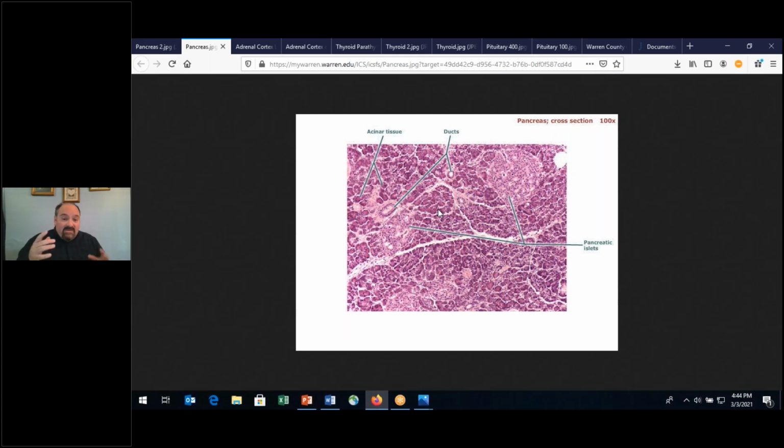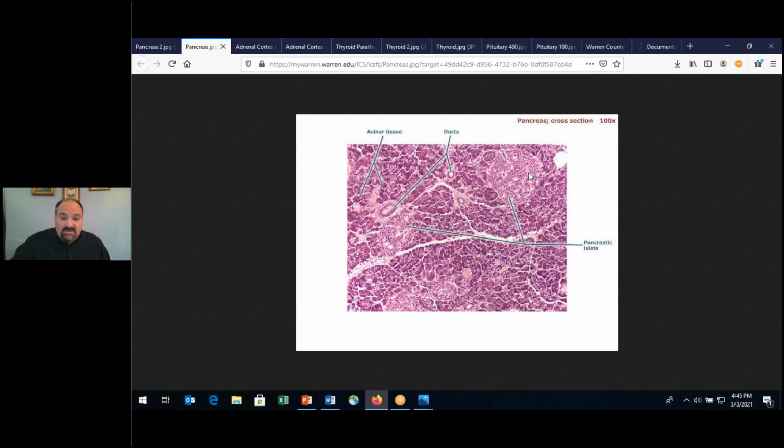Very important, but that's primarily the function of the pancreas. And then a much smaller percentage of the tissue is endocrine tissue that creates the insulin and glucagon, for glucose metabolism and maintenance of glucose levels within the blood.